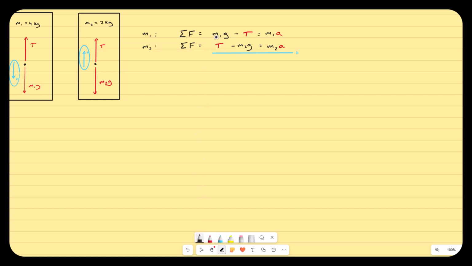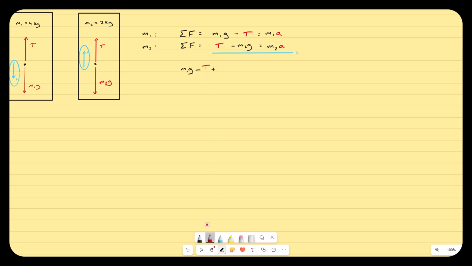The other way that I could do this would be to take the second equation, solve for T equals, so T equals m2a plus m2g, then plug that whole thing in for T here and simplify. But if I can just add these equations, that's going to be fast. M1g minus T, there's the top equation.